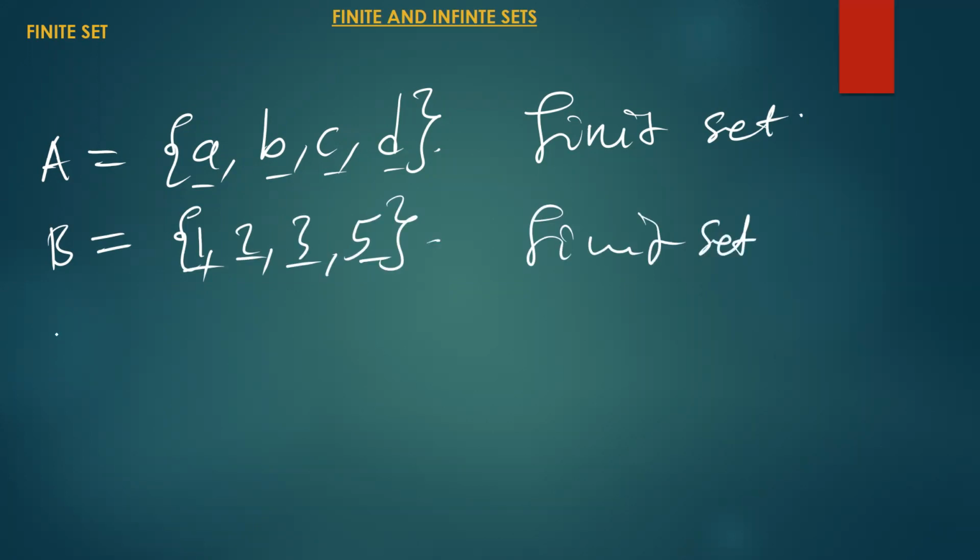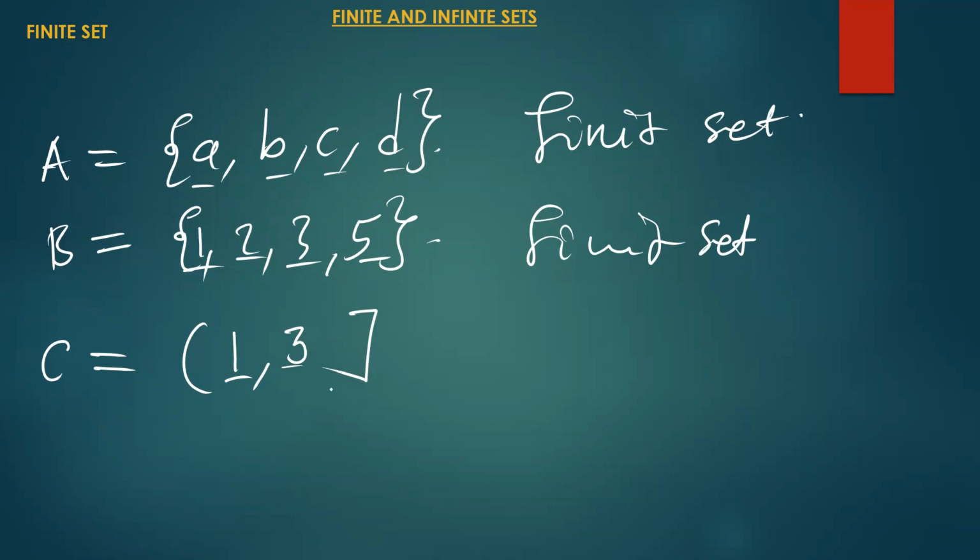And what if you have a set, let's say C, with these kinds of brackets, with 1 and 3? Can you manage to count the real numbers between 1 and 3? It's impossible.